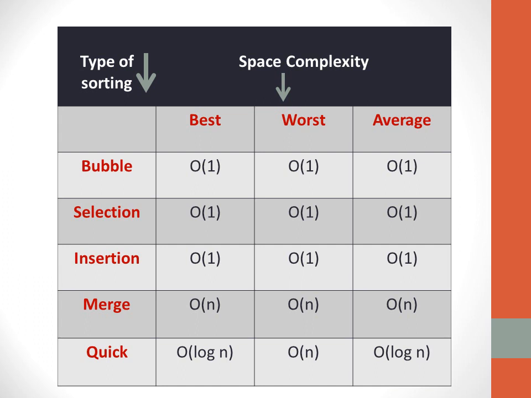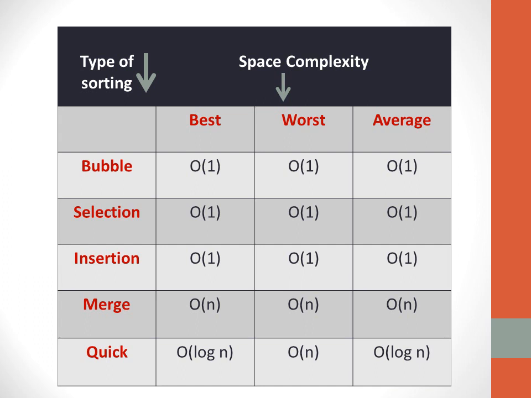In the next lecture also we will see how we go for this kind of analysis as best, worst and average. Here we will just be verifying the space complexities for different sorting methods.